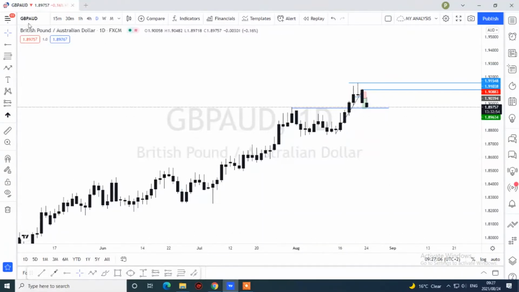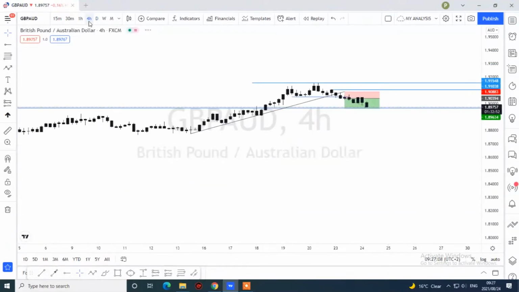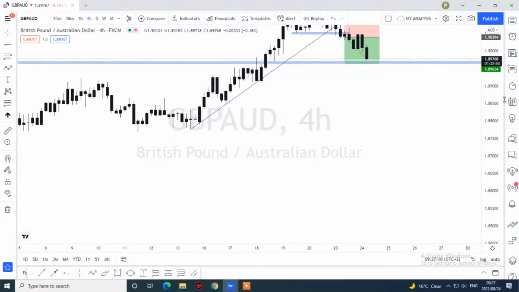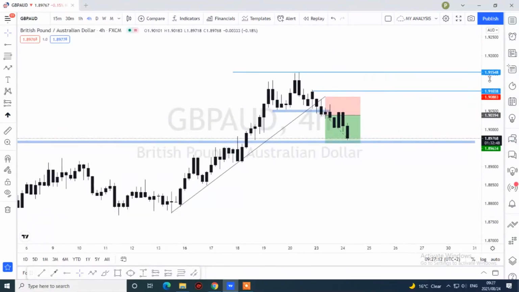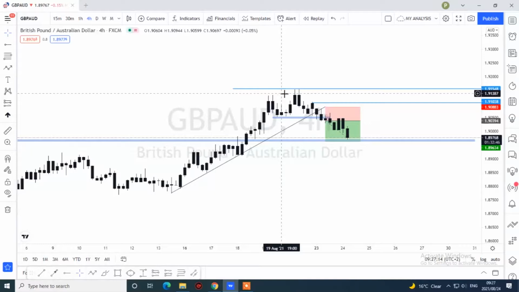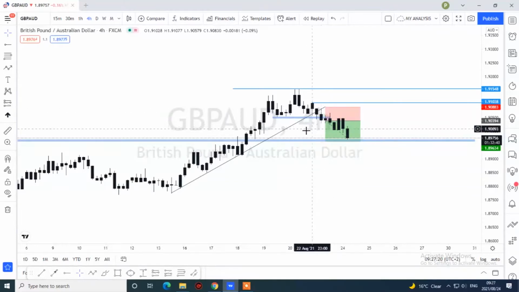Let's move to the 4 hour so that we can see clearly. As you guys can see here on the 4 hour, the market closed below this and then started dropping. It tried to go back up, and then it closed below this as well.